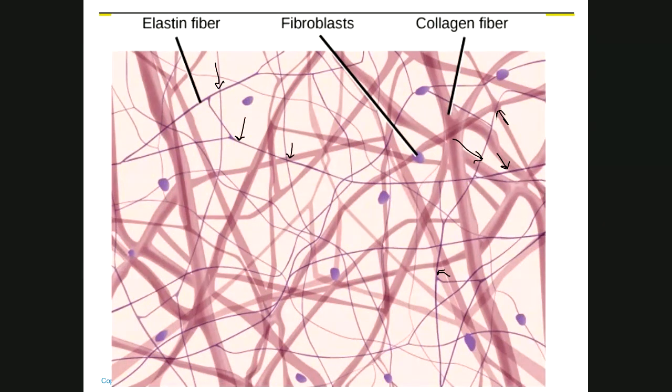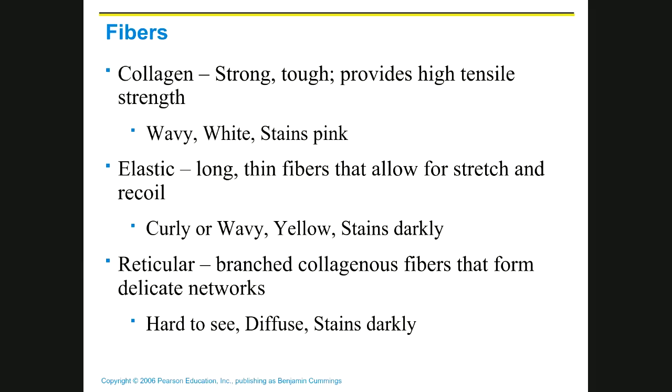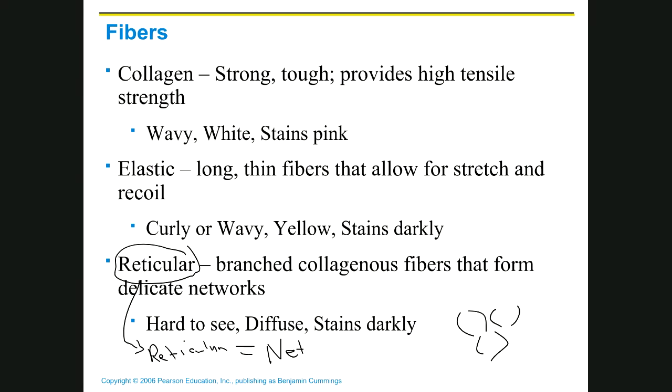And then we have a third kind of fiber, and these are called reticular fibers. So reticular comes from the same word as reticulum. And reticulum means network. It means a net, like a fish net. So if you think about what a fish net looks like, it looks like this. It's thin fibers, and it forms this sort of net like this.